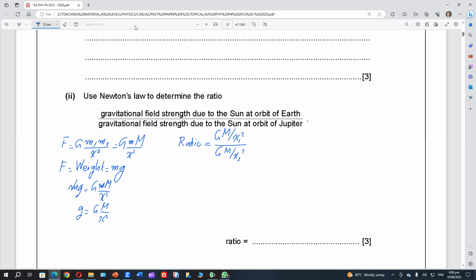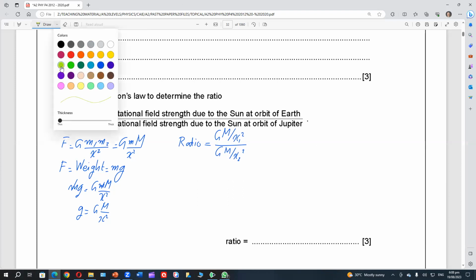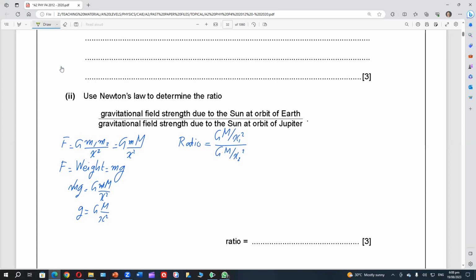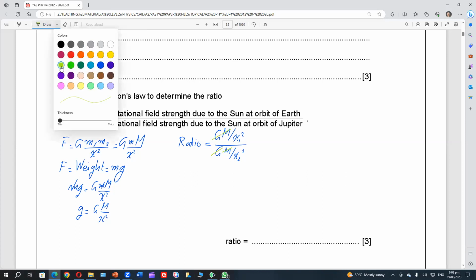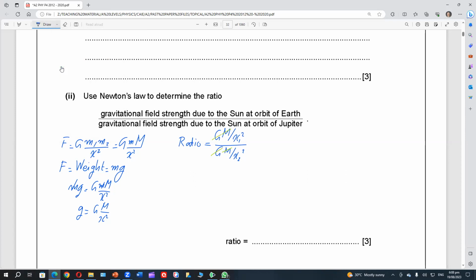G is already a constant. The fraction reverses when it comes up.